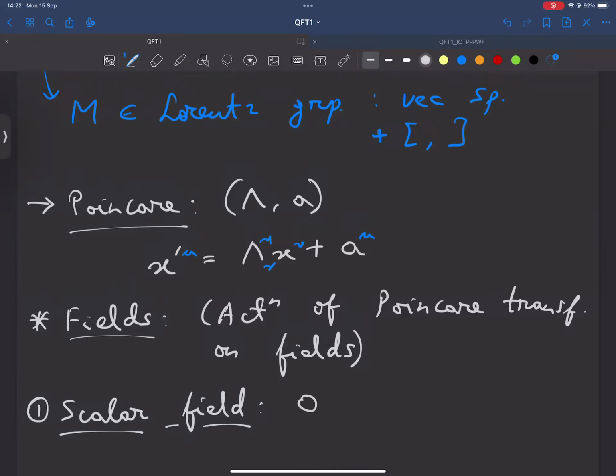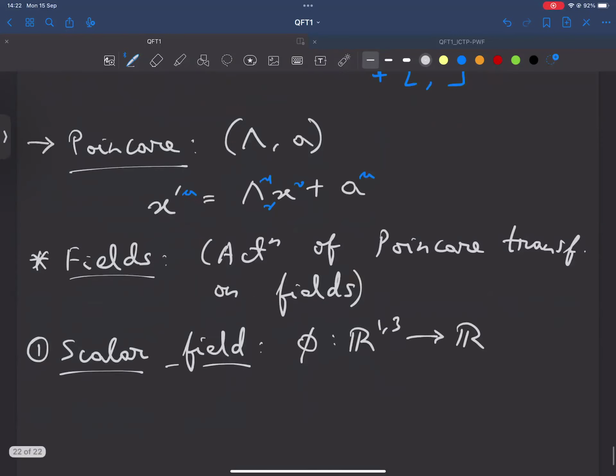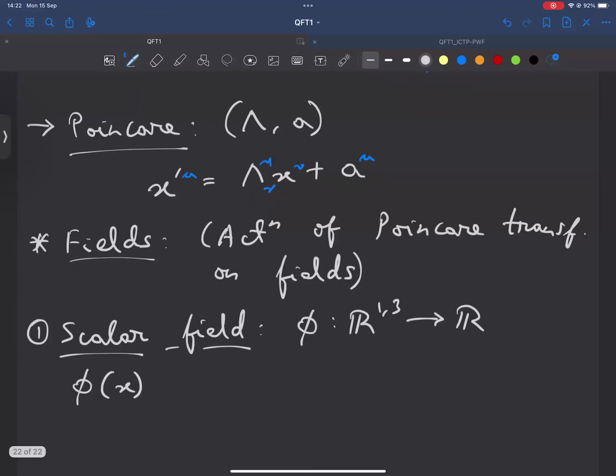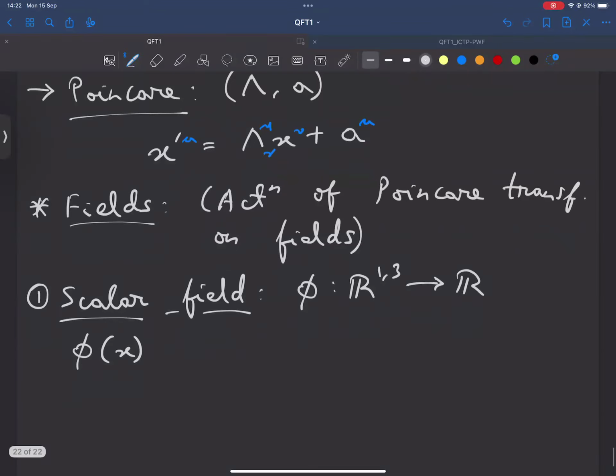A scalar field is just a function from R1,3 to R, so from space-time to a real number, and it will just be denoted by phi of x. There are no extra indices on the scalar field. That's what scalar means. And now let's consider just translations and see how they act on a scalar field.